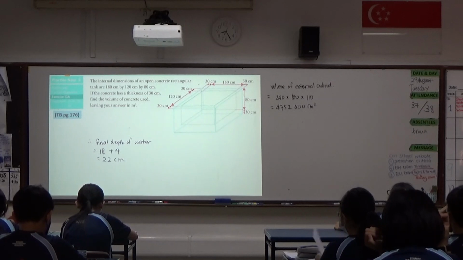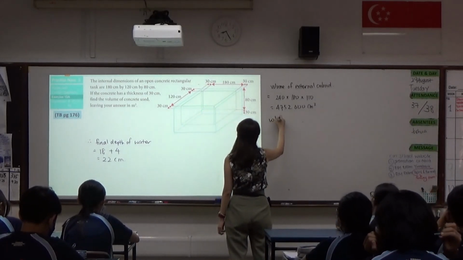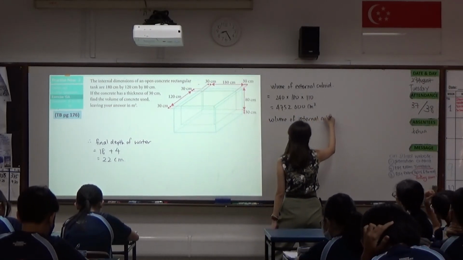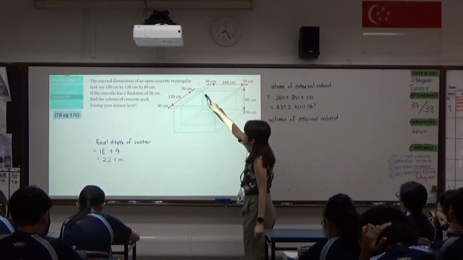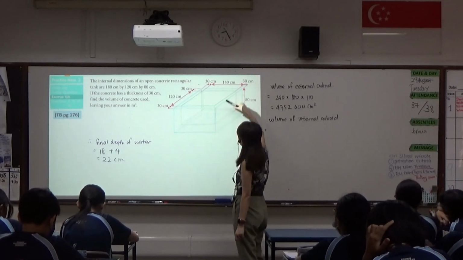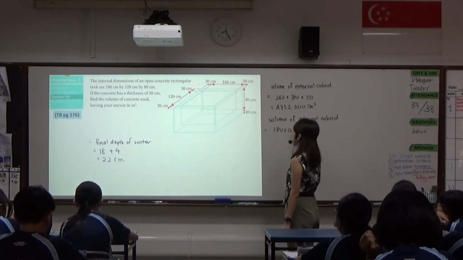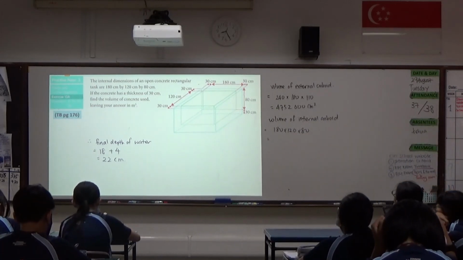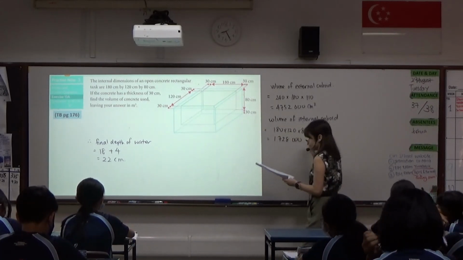Then now we need to find the volume of the internal cuboid. Which would be 180 times 120 times the height here, which is 80. And that will give us 1728, 3 zeros.